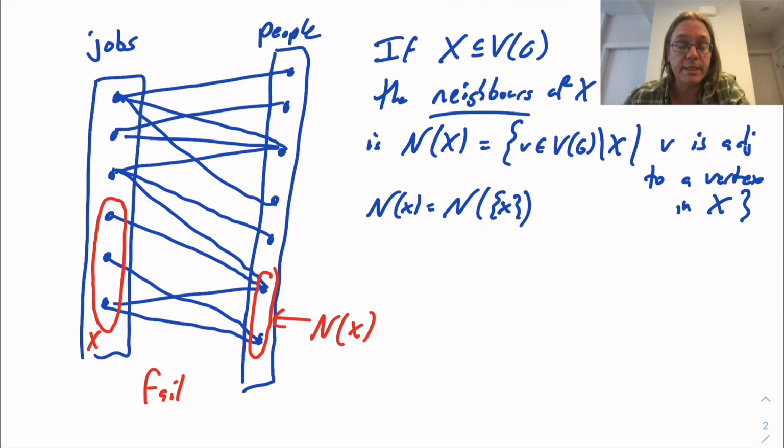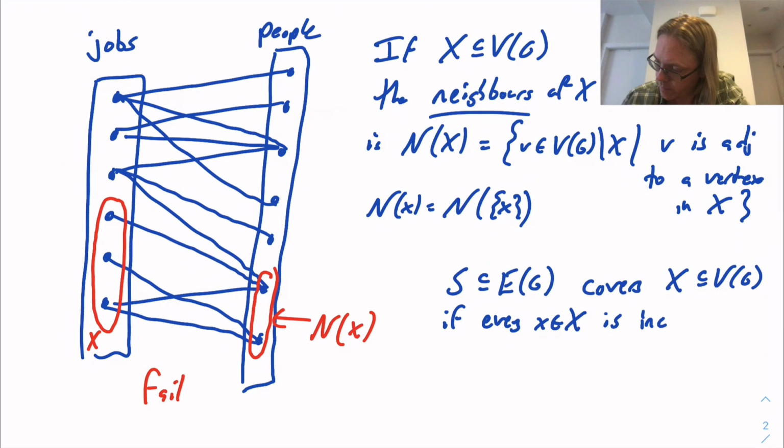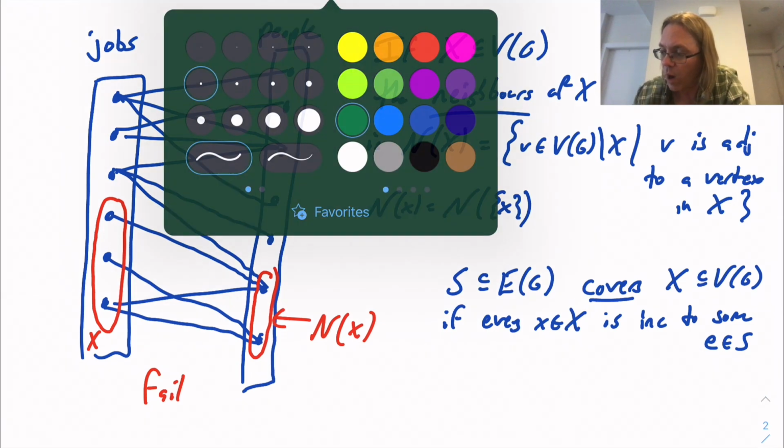I'll say a subset of edges S covers a set of vertices X if every vertex in X is incident with an edge in S. Right, so a subset of edges covers a set of vertices if every vertex in that set is incident with an edge in S.